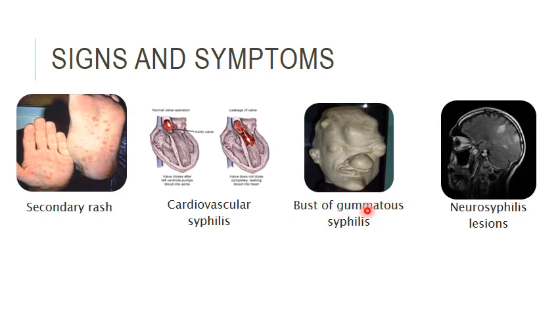I have seen it in some patients before, but this is a bust of a gummatous syphilis patient. So you can see these large growths that have formed. You can see there's one behind this poor fellow's eye, and they're all over his head and his nose. Some of them will come and go through the phases. You can see that they're grossly disfiguring.